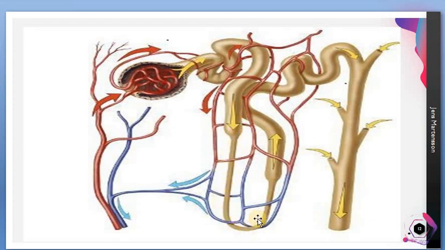And what happens in the Henle's loop? Reabsorption of some amount of water, and then reabsorption of remaining sodium ions. And what happens in the distal convoluted tubule? The tubular walls start secreting waste products into the filtrate. So they are contributing into the filtrate.